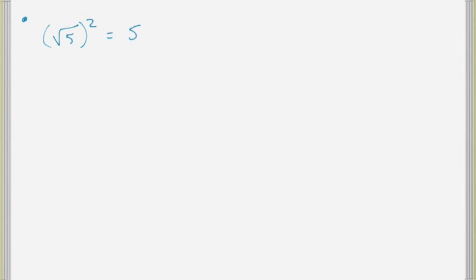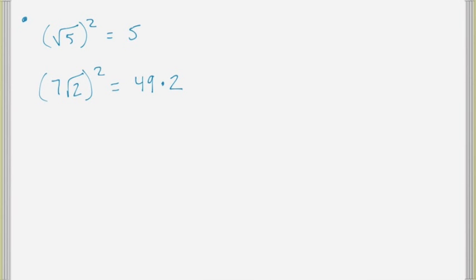When we square a number that has an integer part and a root part, we talked a little bit about this when we went over the homework problems. We need to square both the integer part and the root part. So I need to square the 7 and get 49, and I need to square the root part, and that, like the last problem, would just give me a 2.